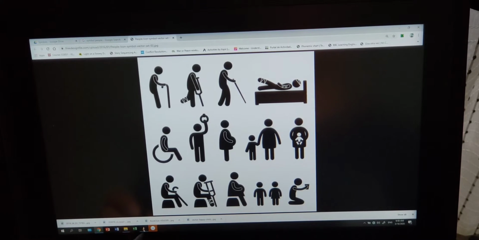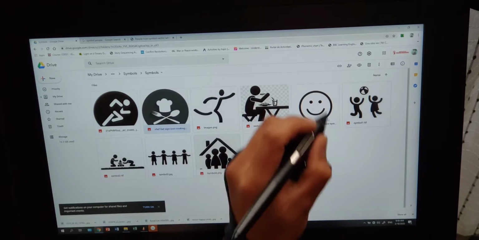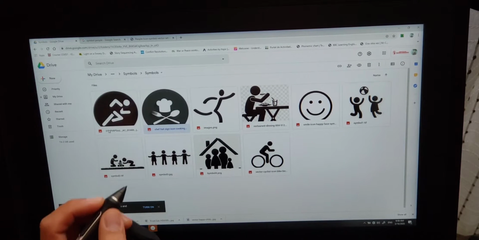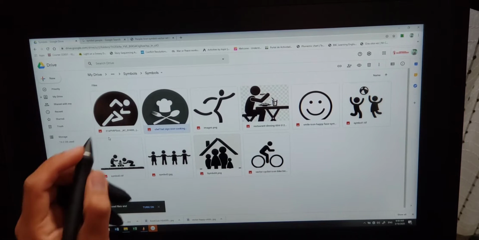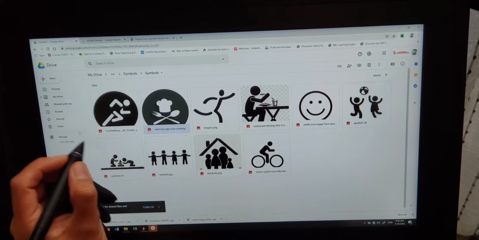The first thing you need to do is open this link that I sent you. Try to find out what each one of these symbols means, and write it.